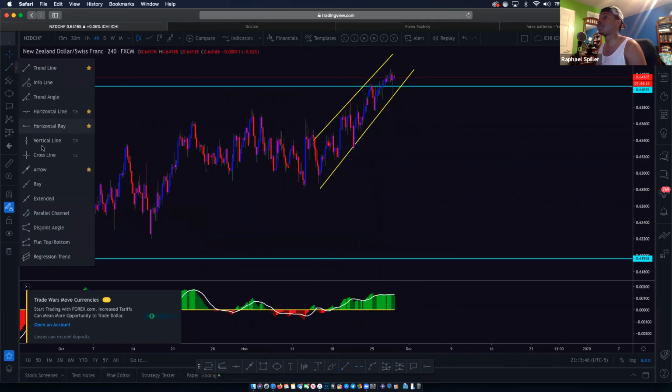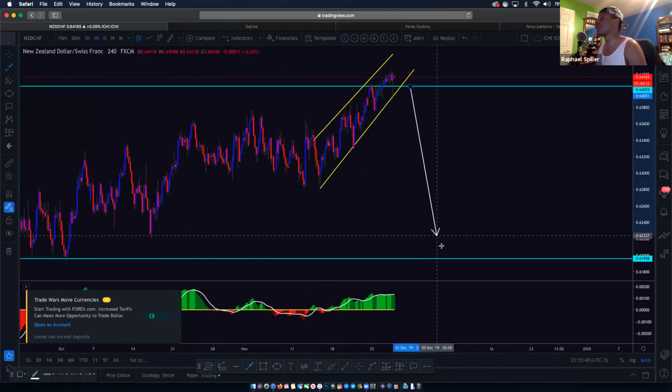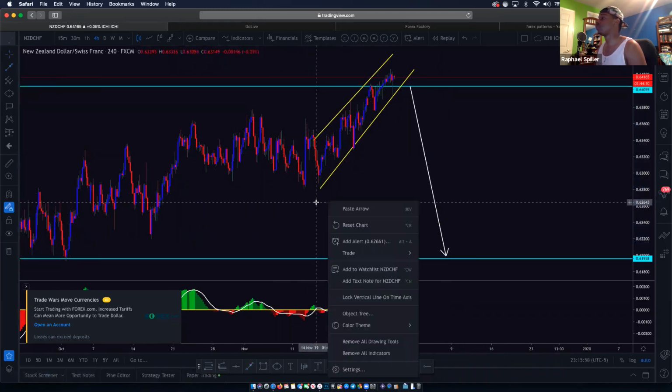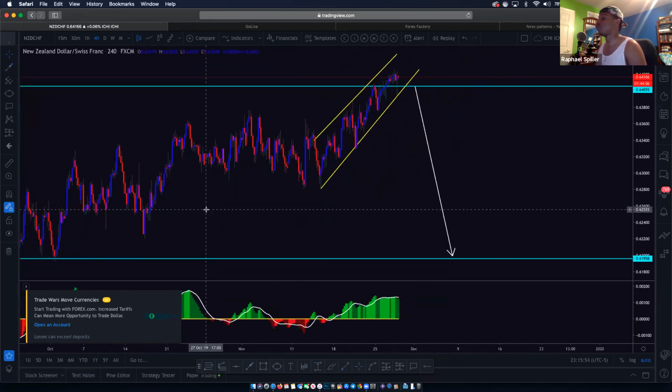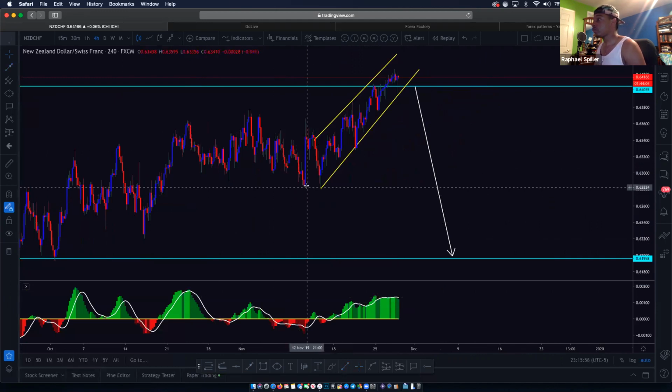So I'm definitely expecting this huge down move long term. I'm definitely expecting this huge down move to happen. So for sure, watch out for the NZD pairs. That's all I have to say. Watch out for them.